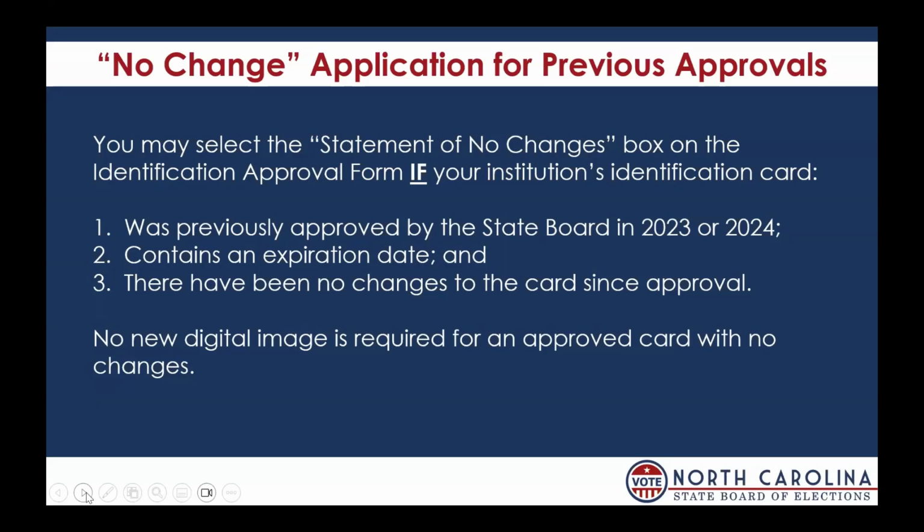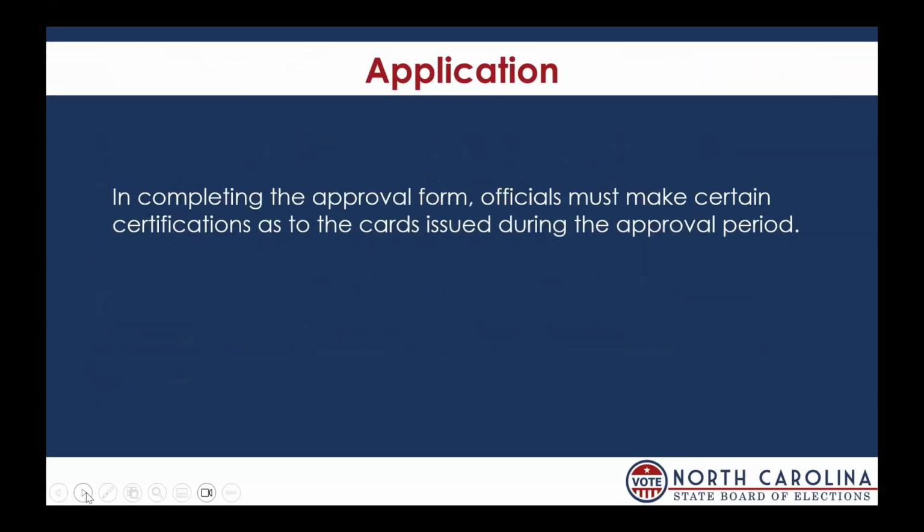What we're really looking for in a no change application is that your ID image and your ID process look exactly the same as they did in 2023 or 2024. And again, if you are eligible to check that box for no change, then all we need from you is the form. There's obviously no need to submit a new digital image if the digital image has not changed since the last approval. All right, next slide.